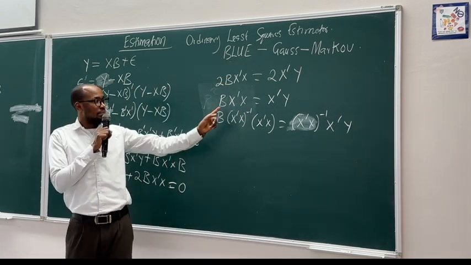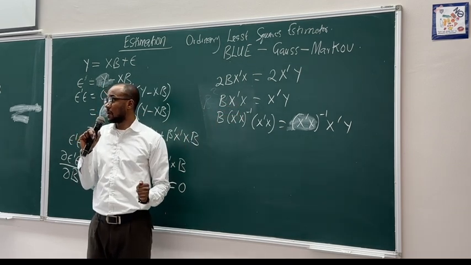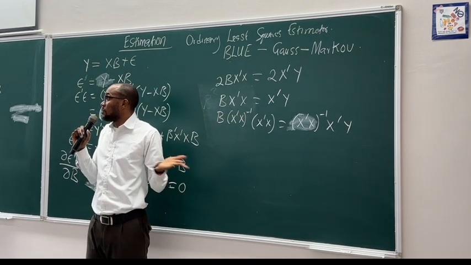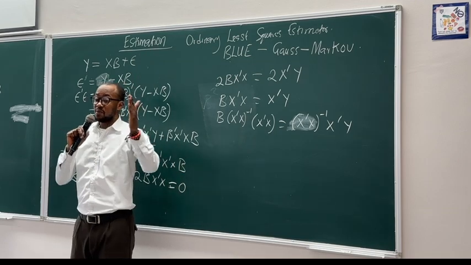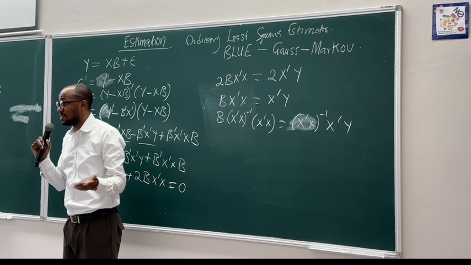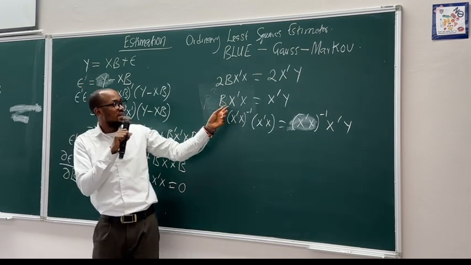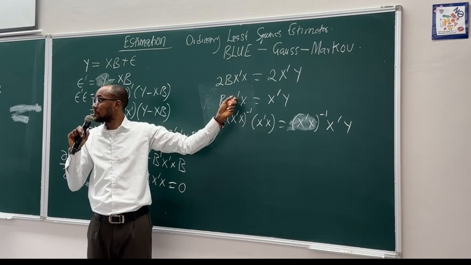I just multiplied both sides by what? The inverse of this matrix. That's what I did. I've not changed anything. You know, in algebra, if you do something to the right hand side and do the same thing to the left hand side, it leaves the equation unchanged, right? So it's not a problem. So what I did was to multiply both sides by the inverse of this matrix.